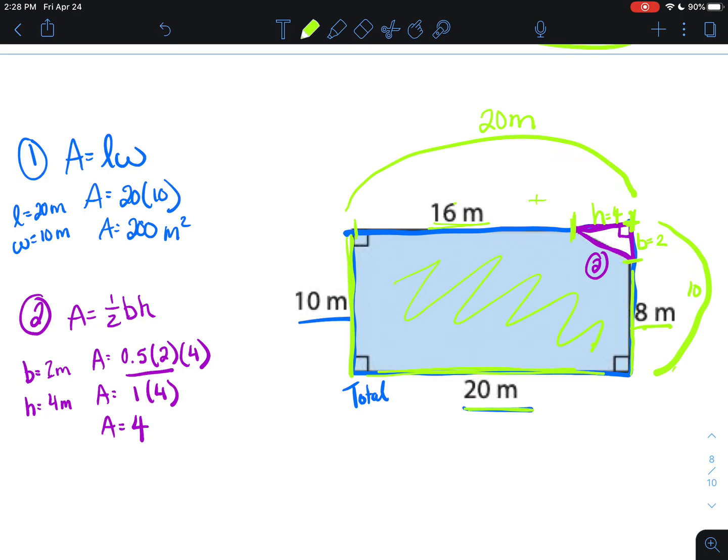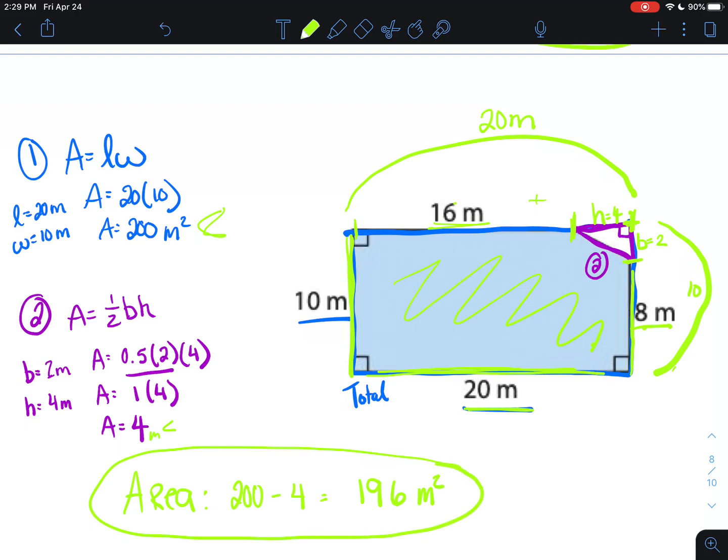So I know the whole thing without the cutout was 200. But I need to take away the cutout of 4 square meters. So 200 minus 4 is 196 square meters. And there is your answer.